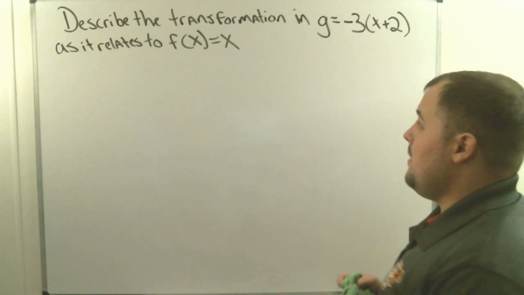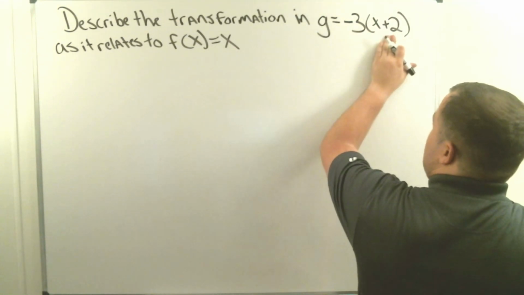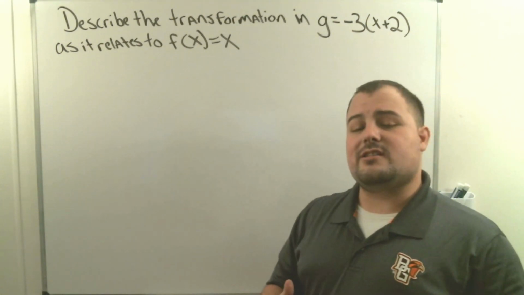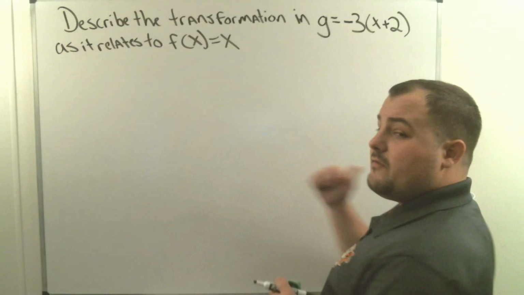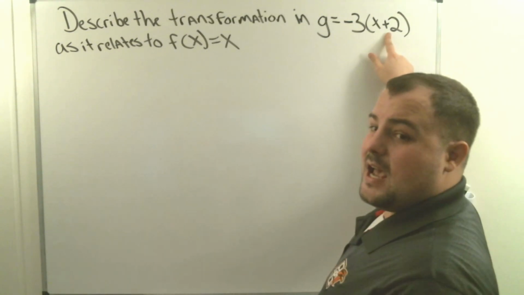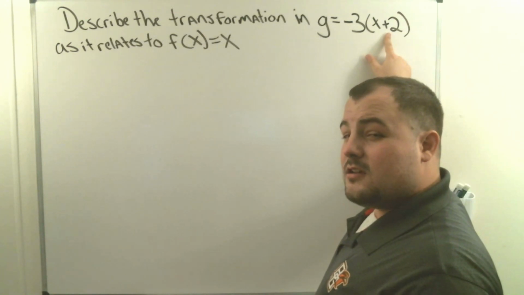So let's look at our problem. First, we're going to look on the inside of parentheses. Inside parentheses, it's adding a number. If we're adding on the inside of parentheses, that's either going to move a graph to the right or to the left. So we need to think about this number that's adding. Is that a positive number or a negative number? What do you think?